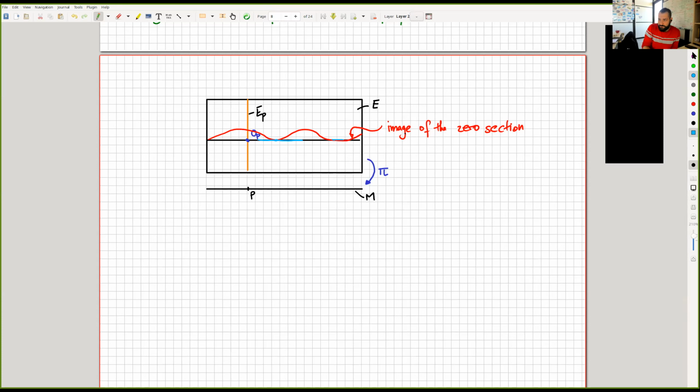But you can always deform this, and this is really amazing. The theorem of transversality says you can deform this section epsilon-close to this red line such that it's transversal. So in every epsilon neighborhood of the image of this red line, you find another section such that it intersects the zero section transversely.